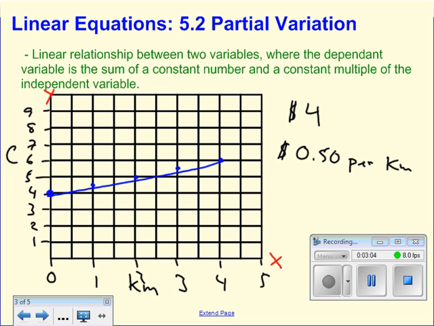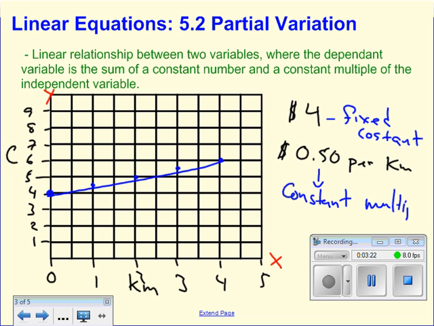Now, this has the fixed cost right here, fixed cost or constant, and here is my constant variation or constant multiple. And these are two very, very important terms because they fit into what's known as my linear equation.